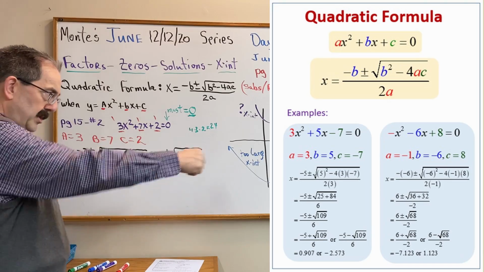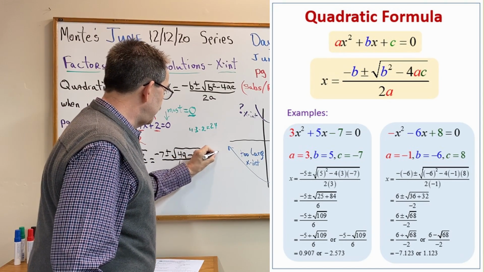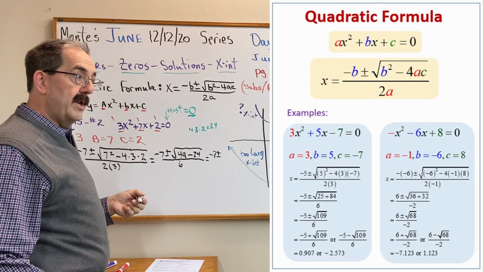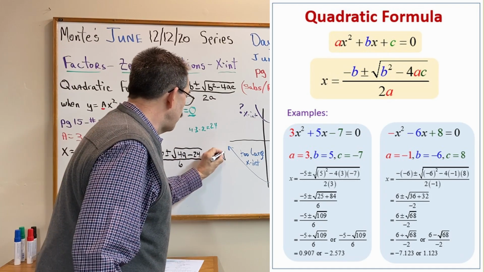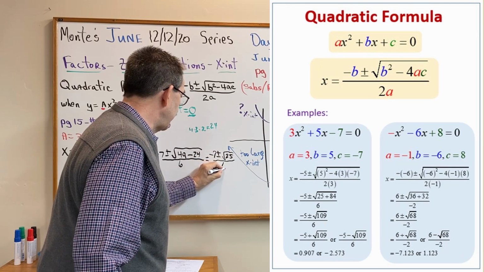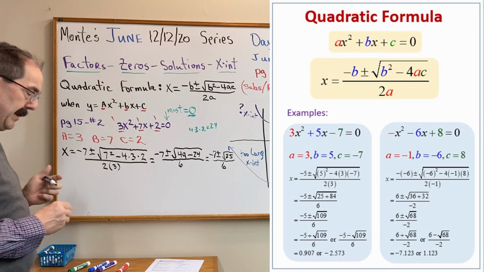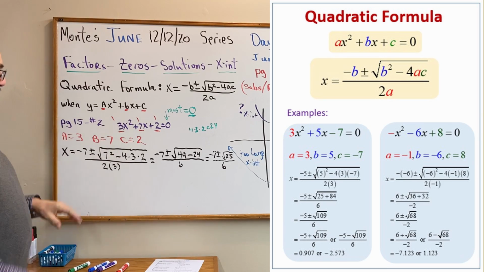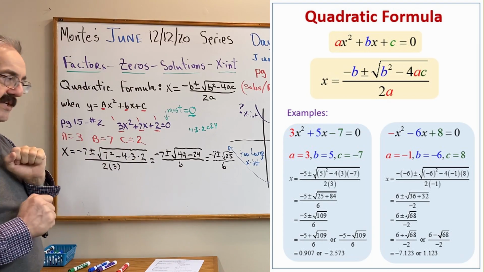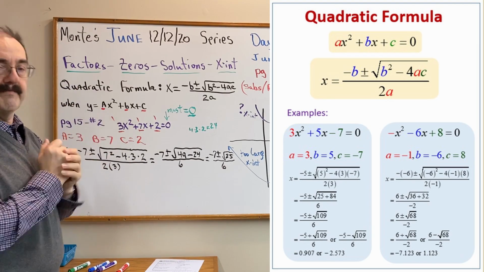Make sure you draw that line long enough. Keep massaging. -7 plus or minus 49 minus 24. Square root of 25. All divided by 6. Okay? I'm going to pause. Make sure you write that out. This equation comes down to -7 plus or minus the square root of 25, all divided by 6.